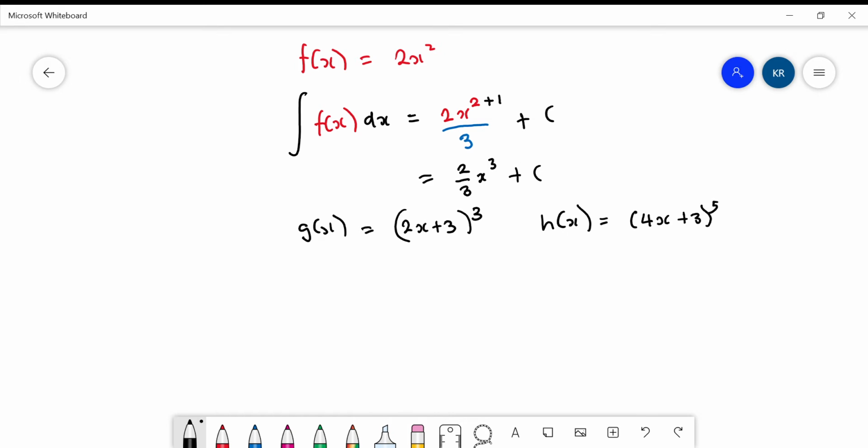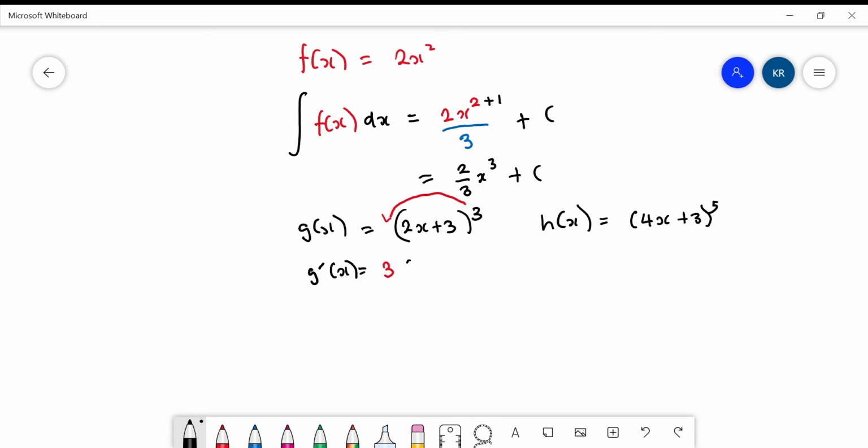Okay, so let us differentiate g of x first. When we differentiate g of x, the power would come down, so we'd have a 3 there.